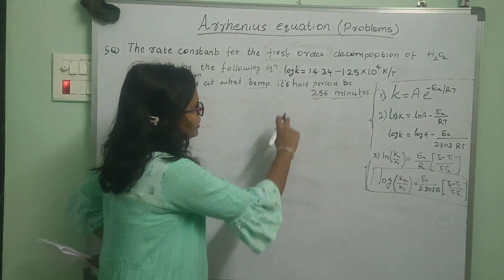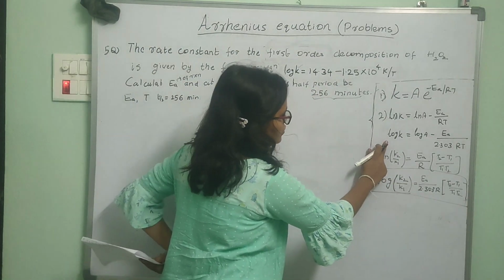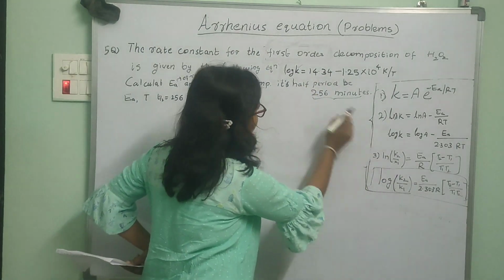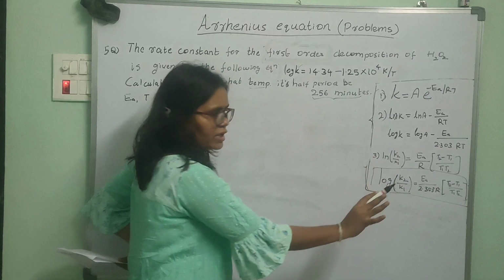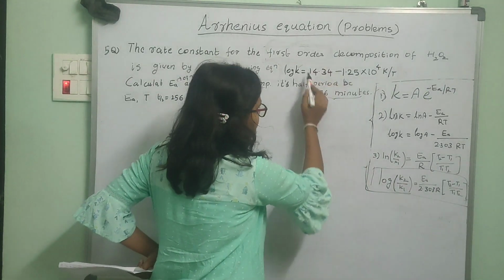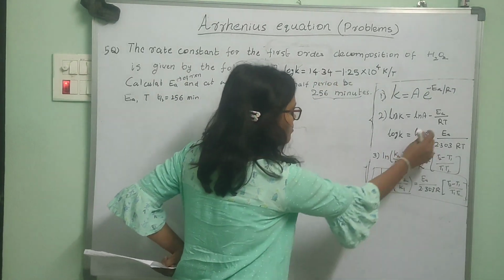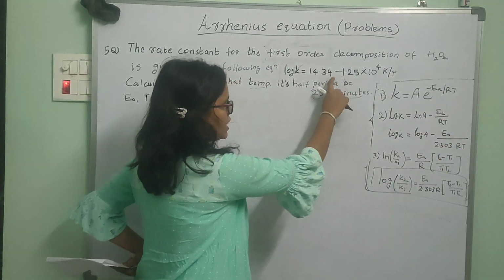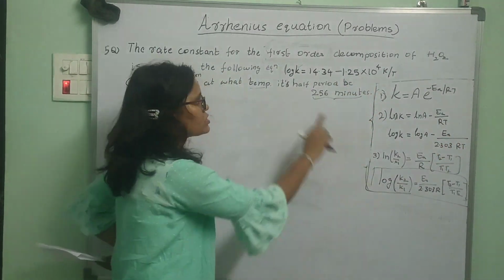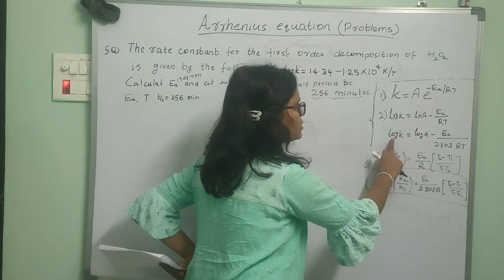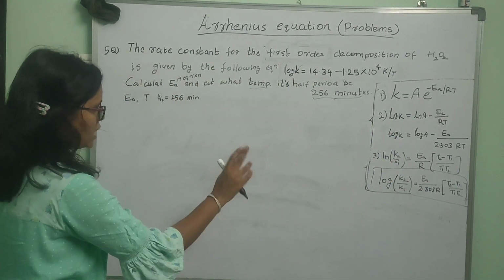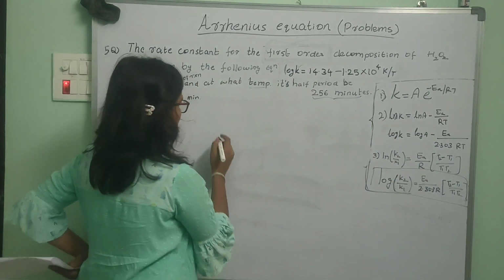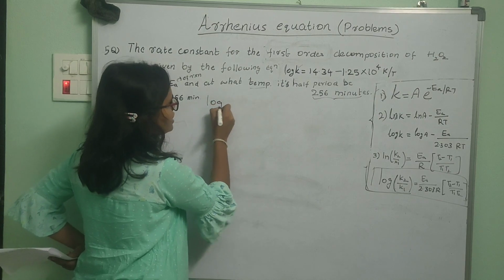So what you can do is compare this with equation 2. So here on the left hand side you have log K, which is okay, fine. Here you have some constant, log A is a constant, minus some term, okay. So this equation can be compared to the second form of the Arrhenius equation. So let me compare it.